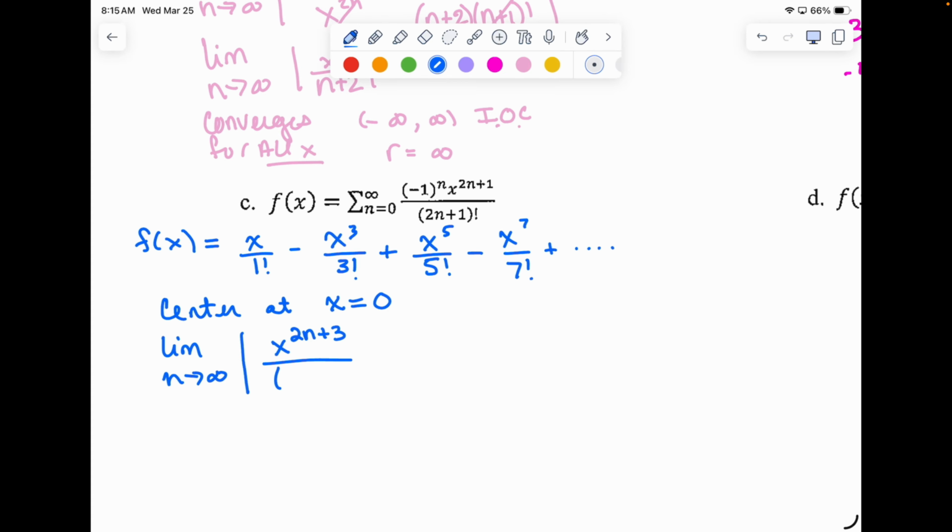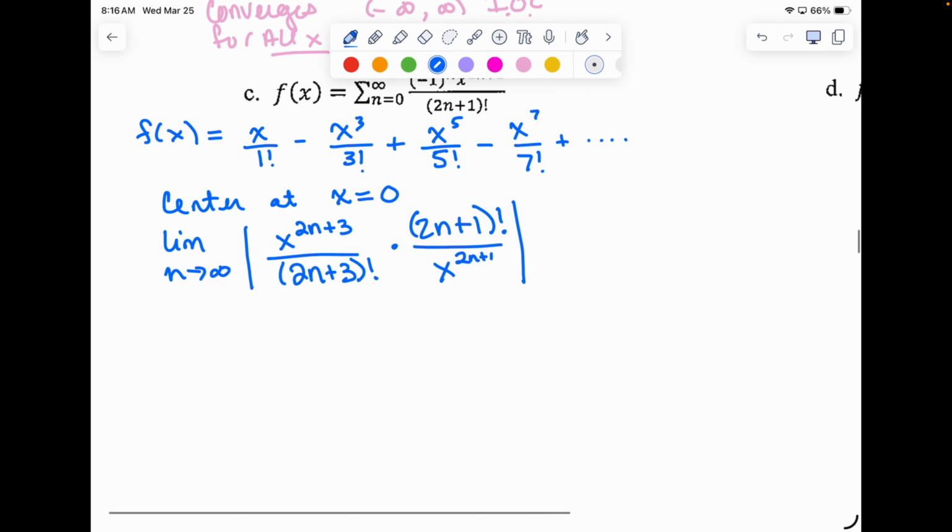And then my denominator is 2n plus 3 factorial. And I multiply by the reciprocal of the original 2n plus 1 factorial over x to the 2n plus 1. I'm going to have to do some manipulation here. Move some stuff around, expand some stuff out. If you're good at it, a lot of people do that as mental math. You actually don't need to show these steps, but some of us, I think we need to see it.